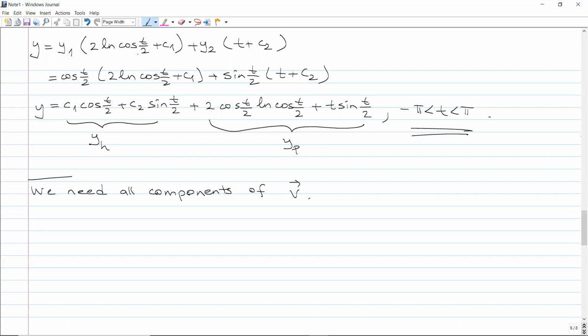You see, the first component is multiplied by y1, the second component is multiplied by y2. So you need both components, not just the first one. So it means you do need some computations to find your vector v. And when the order of your equation is higher, it means longer computations.